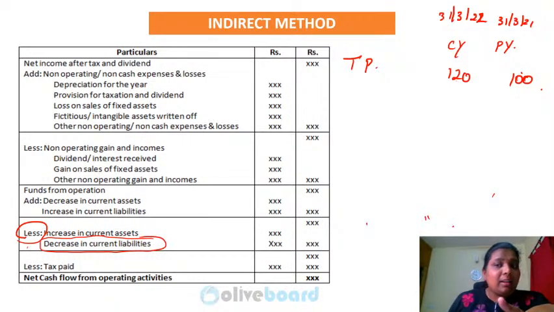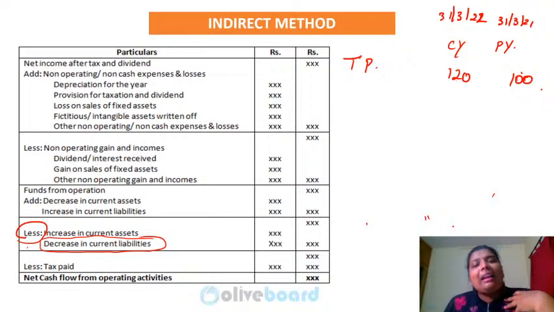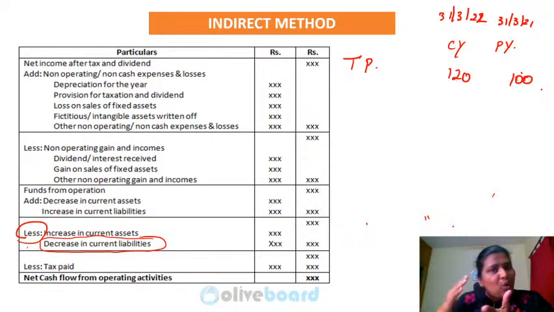Guys, understand. When I increased my trade payable, 20 rupees got increased. How come it is added? Guys, I got goods worth that much inside. So my cash flow, it was not paid. Are you getting the point? I didn't pay. There was no outflow.